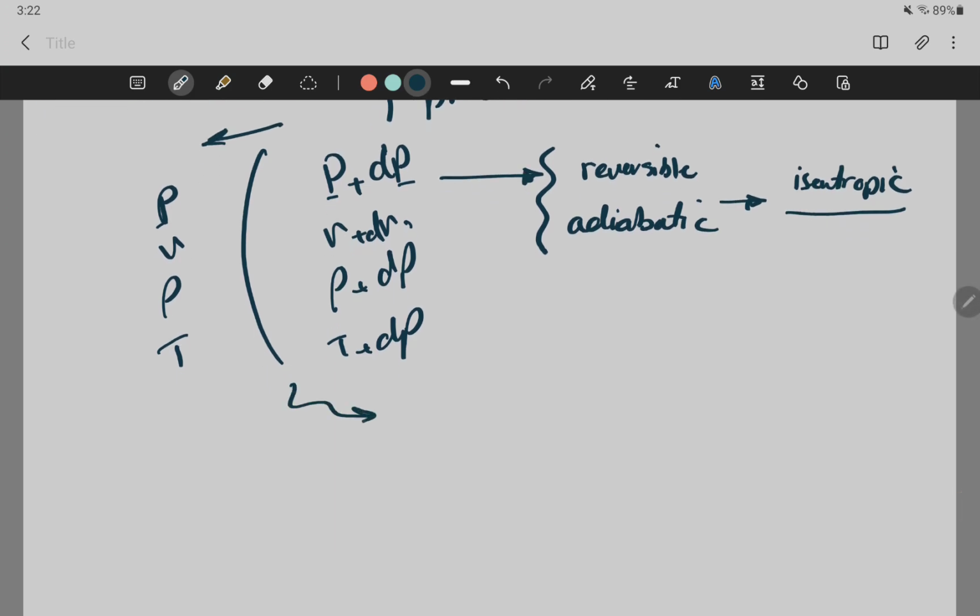And we are specifically talking about sound waves. So, based on this information that is given to us, how can we calculate the speed of sound? Which essentially means that we want to calculate the speed of this specific pressure wave, right?